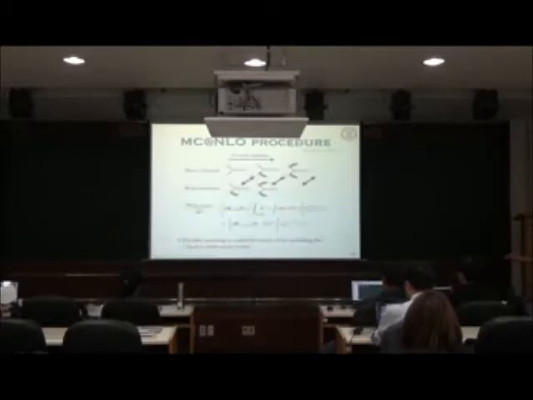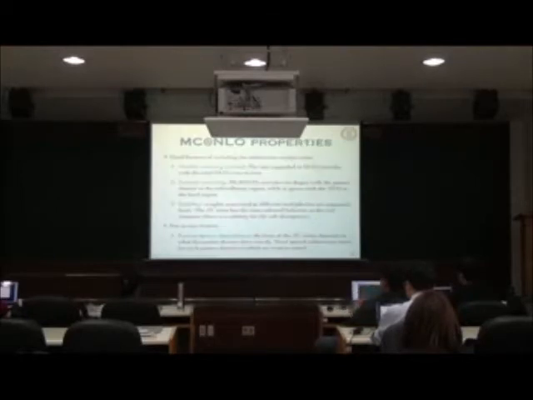Right? That means that for each parton shower that we want to match to in the next to leading order calculation, these terms will be different. So if you want to use Pythia, it's going to be different than if you want to use Herwig, or Sherpa, or whatever. It really depends on what shower we want to match.